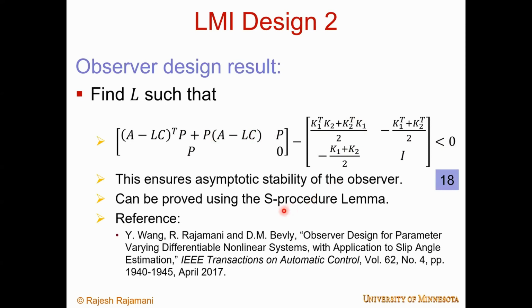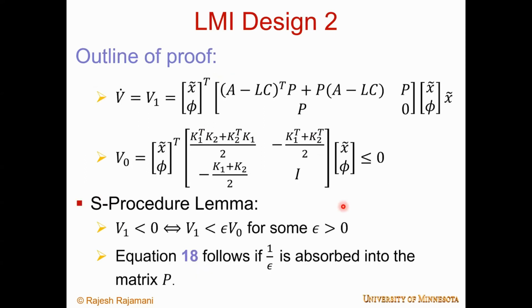This result can be proved by using the S procedure lemma. I have an outline of the proof here on the next slide. Basically, V dot, the derivative of the Lyapunov function candidate, is given with this quadratic involving the vector x tilde f tilde, and then this is the inequality again involving x tilde f tilde that comes from the Jacobian bounds.